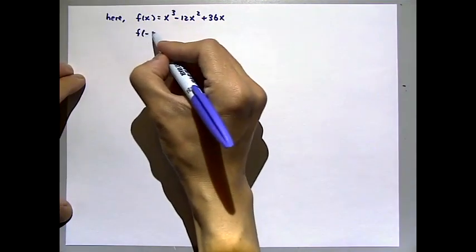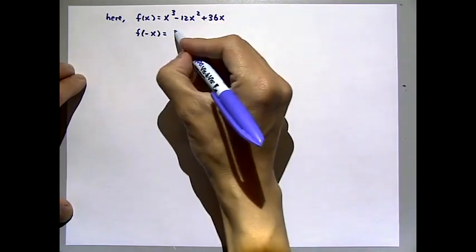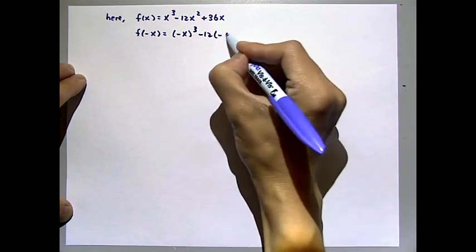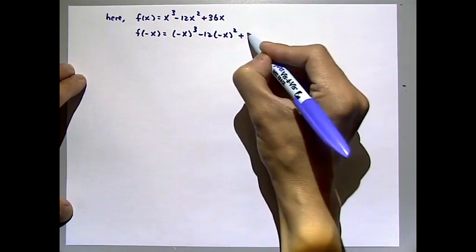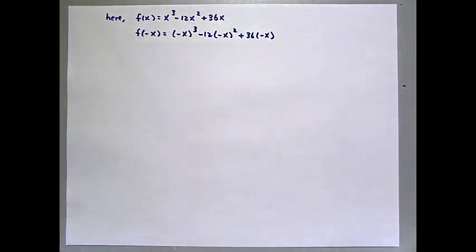Let's substitute in negative x in place of x. Change every single x you see to negative x. You see what comes out of it.